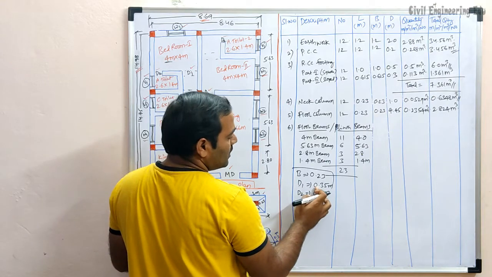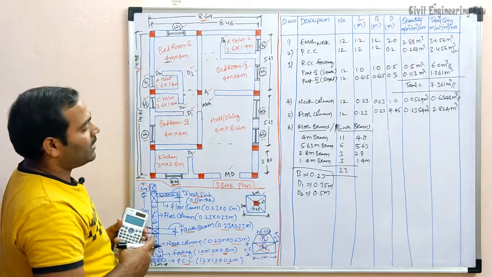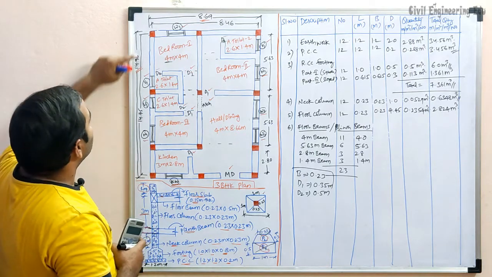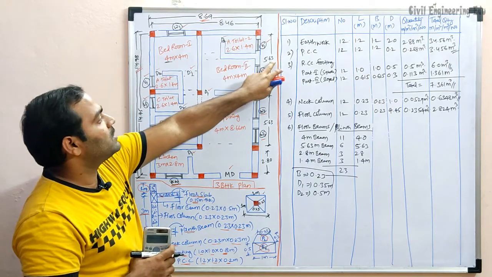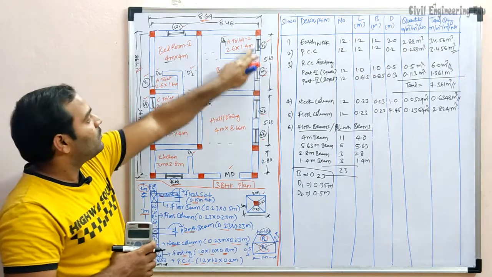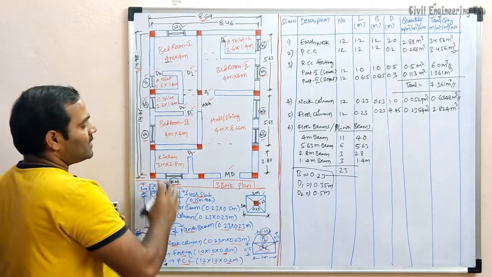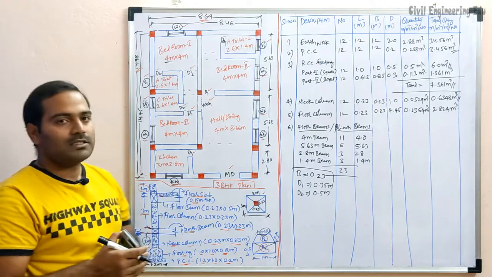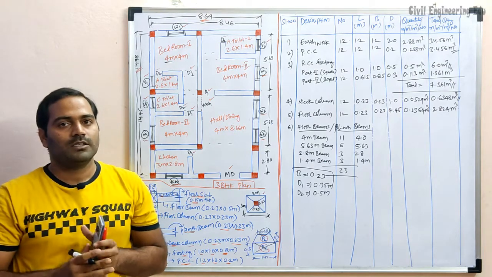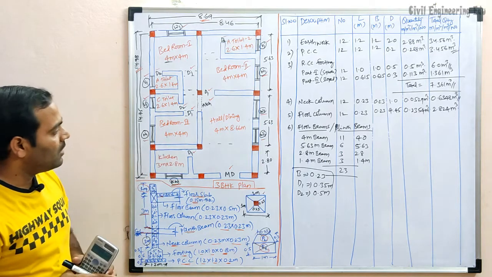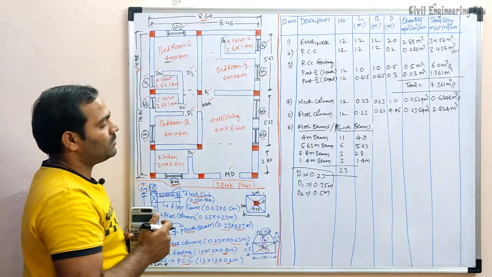Depth 1 is 350 mm, depth 2 is 500 mm. This is the longest beam, the length of the beam is 5.63 meters, so for this beam the depth should be more. All these structural details will be given by the structural engineers, so we have to follow only structural drawings. Here, based on experience, I have just considered it like this. This is only for calculation purposes.